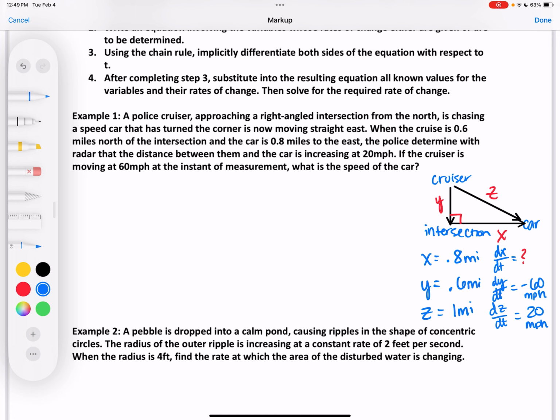All right, so we know the Pythagorean theorem. Kind of like we were doing with optimization, when we had to pick a formula that we knew, we're doing a similar thing here. And we're going to be taking the derivative implicitly of everything. So we've got x squared plus y squared equals z squared.